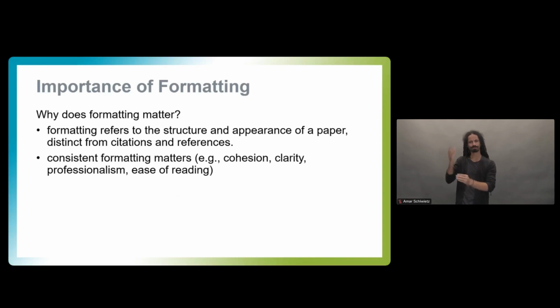Consistent formatting does matter. It allows your paper to be more cohesive, clearer. It allows you to present that information in a professional way and allows for ease of reading. If you think about how many papers are submitted by students at the college on an average week, you can imagine that having a clear and consistent format for those papers does help, right, with the clarity and the ease of reading.